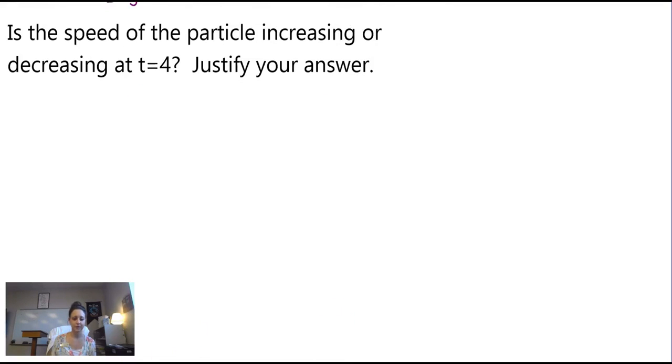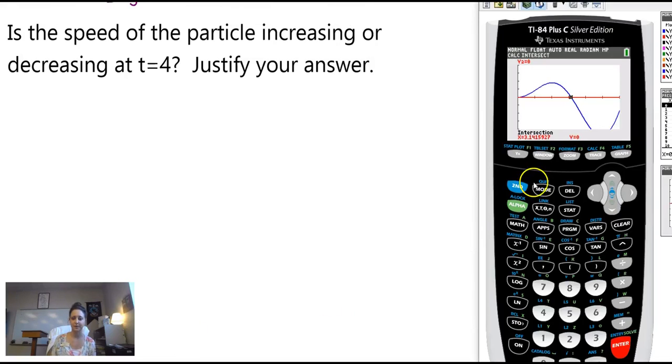Now, I already have velocity plugged in. That is my y1. So let's go to our home screen and find velocity at time 4. So remember, alpha trace enter gives me y1, open parentheses at 4. So y1 of 4 is negative 3.027.